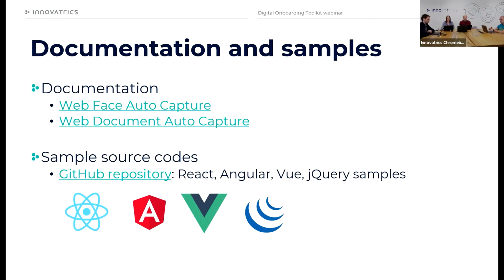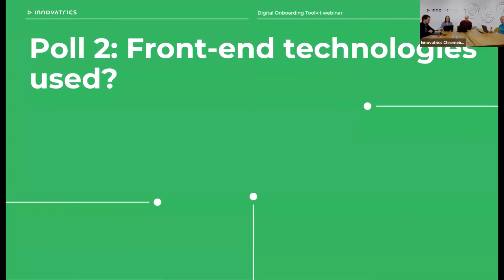And also as a help to developers developing under different front-end technologies, we provide sample source codes in a public GitHub repository where you can find sample integrations for React, Angular, Vue, and jQuery. And with this one, we have another poll for you, Janka.